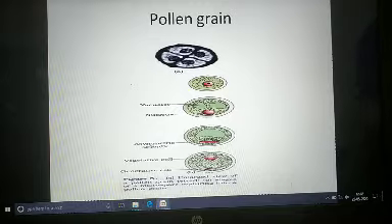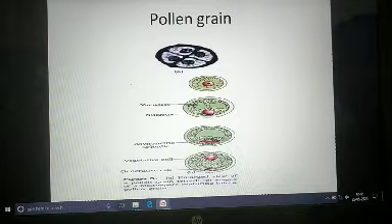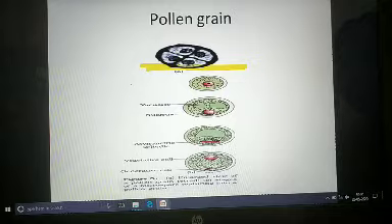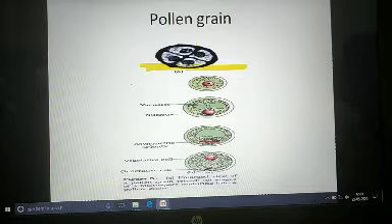So this is the structure of the pollen grain tetrad. First, what you are observing is the microspore tetrad, or pollen tetrad. Since there are 4 pollen grains attached, the 4 pollen grains are attached with the help of a substance called callose.